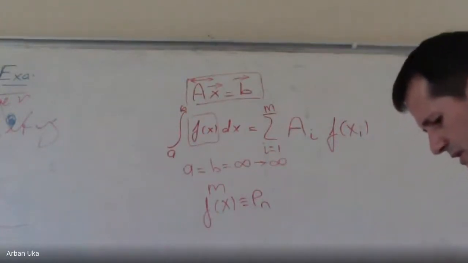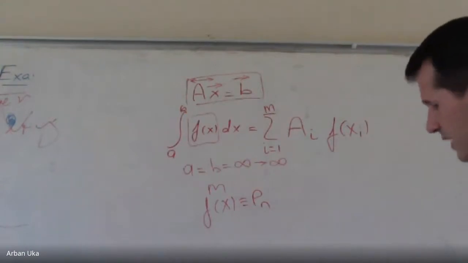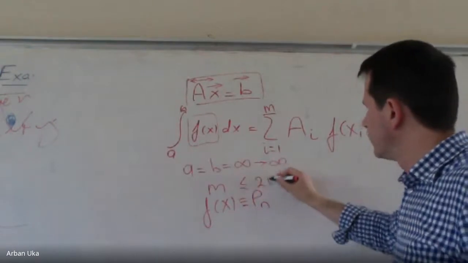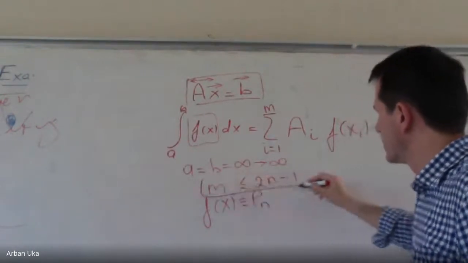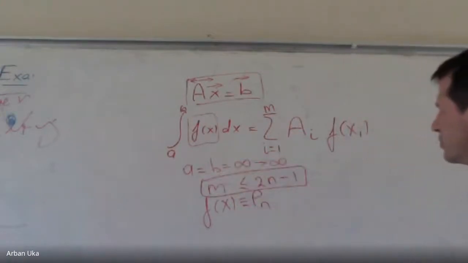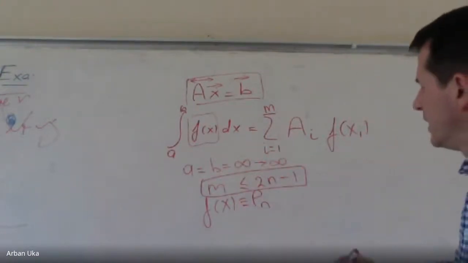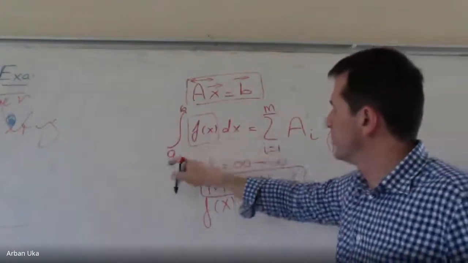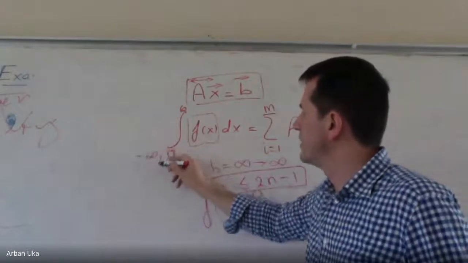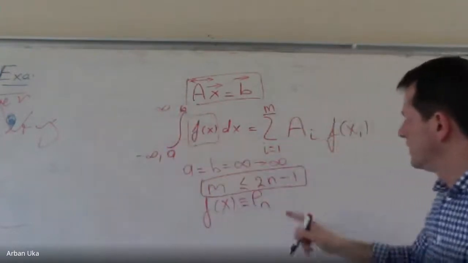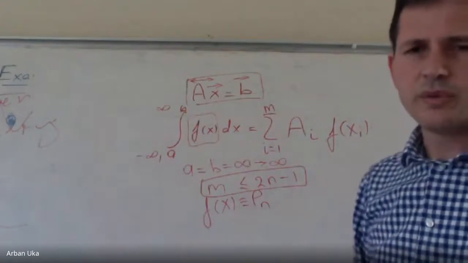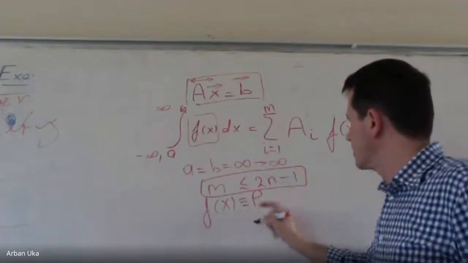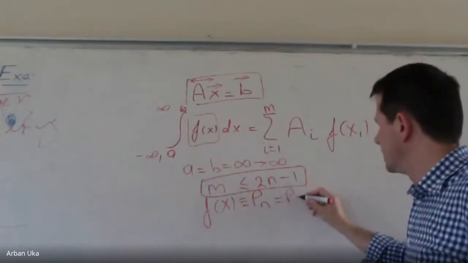But now, what is this relationship? We have the m here, it should be smaller or equal than 2n minus 1. Okay? This is something that you need to know, or we need to figure out. And if this function f of x, which we want to integrate, has a and b from minus infinity to plus infinity, then if you give me a polynomial, let's say of the third order, that means this is P3, okay?